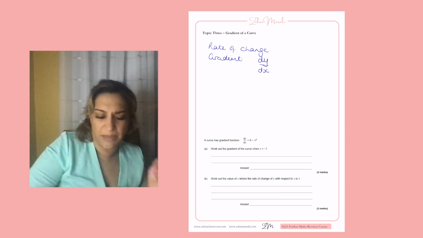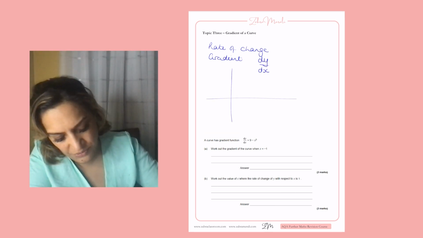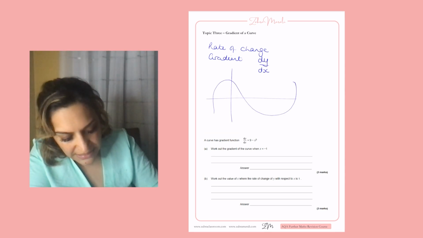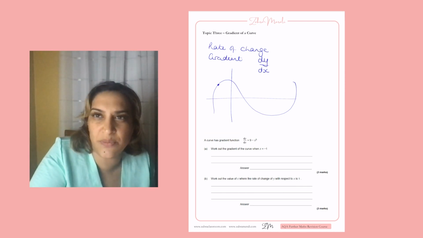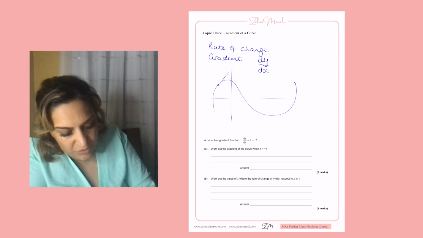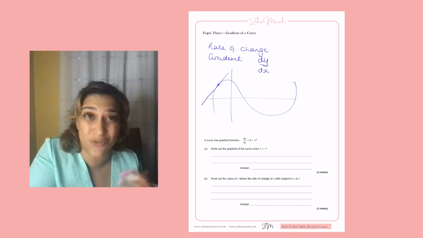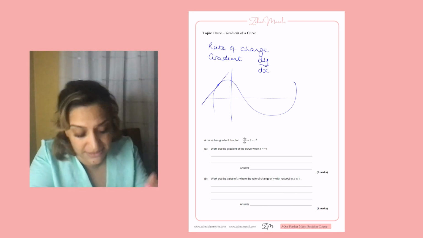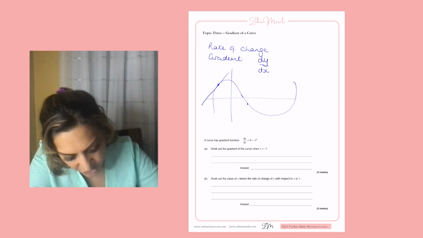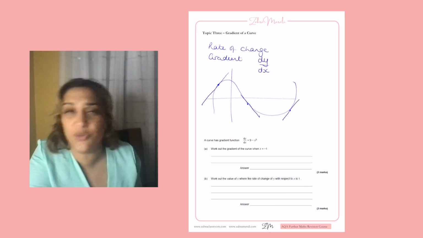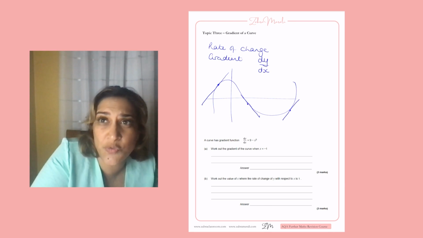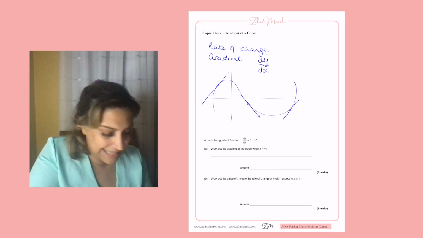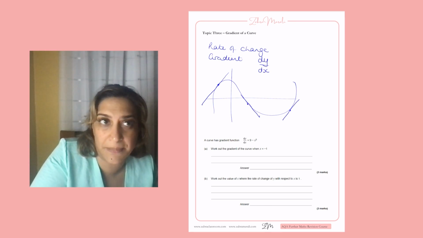So when we think about a curve, any curve at all, if I wanted to know what the gradient was there, in GCSE you draw a tangent, you'd find change in y over change in x. That's all dy/dx is telling you. It's giving you, if you substitute the x in, what the gradient will be at each of those different places.